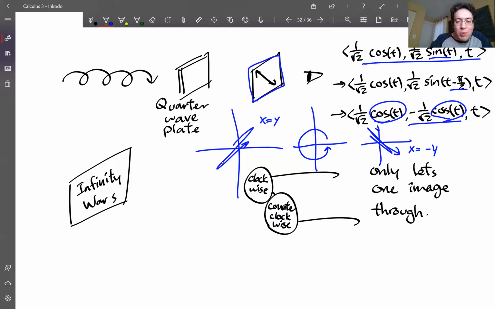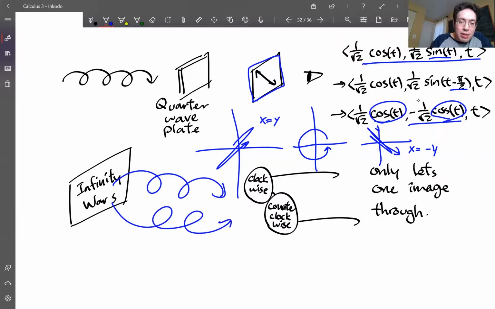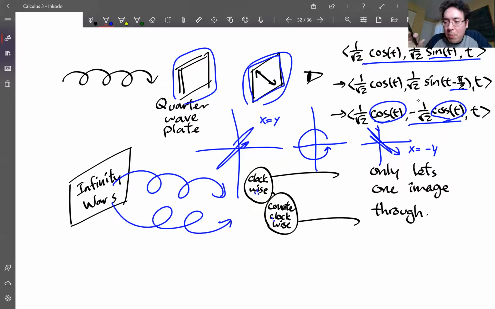So what's happening in the movie is that they're playing two different images with clockwise and counterclockwise polarization. And on your glasses, there's this quarter wave plate and linear polarizer. So only the right direction of turn could go through that lens. So you're getting one image at a time.